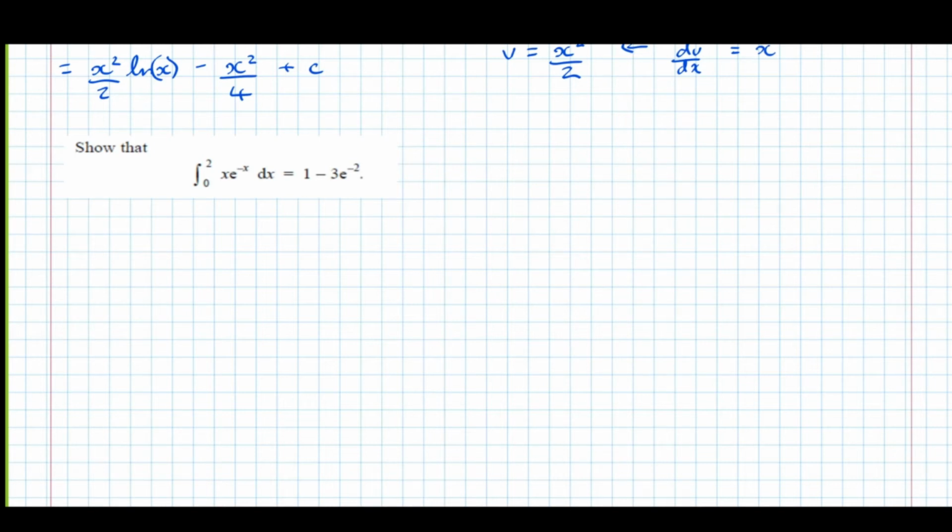So, no ln's involved, so u should be the thing that we're going to make simpler or make disappear. u equals x, and it's made to disappear by differentiating it. dv by dx equals e to the minus x, which implies that v equals minus e to the minus x.